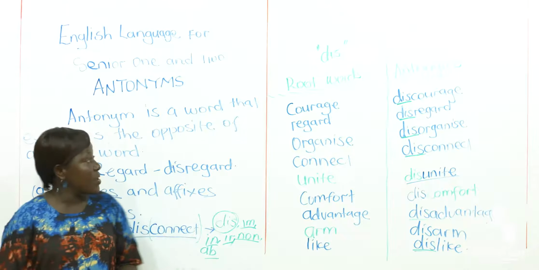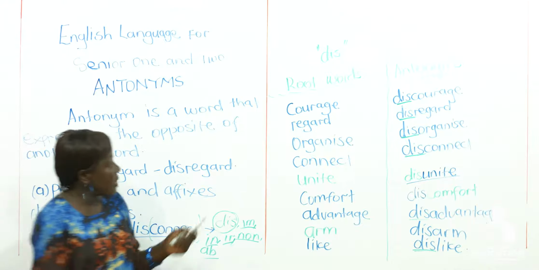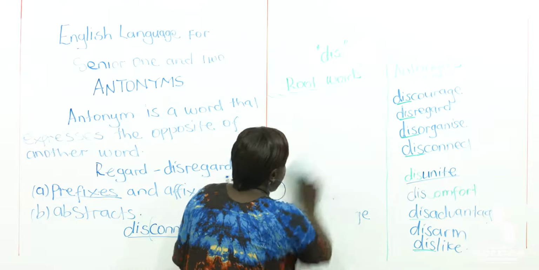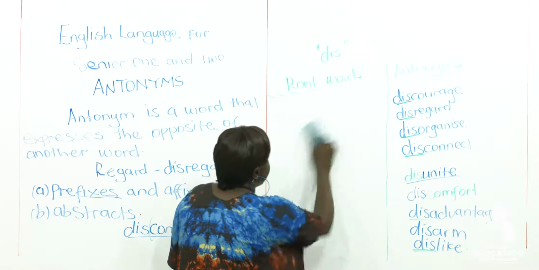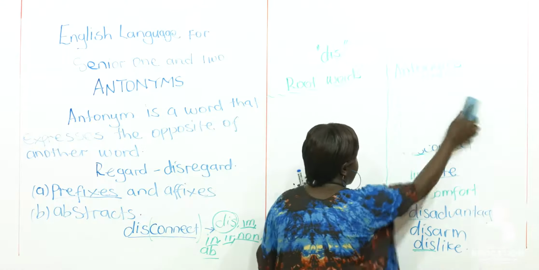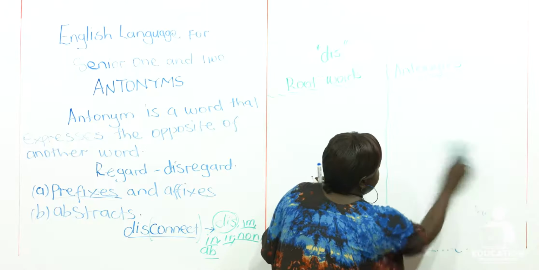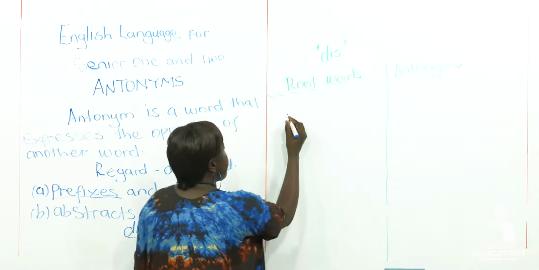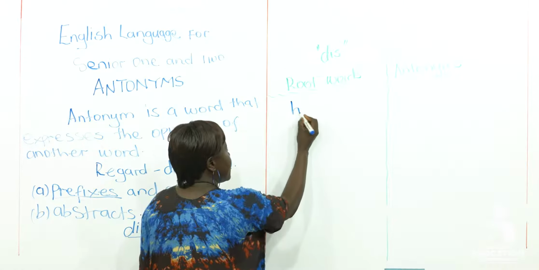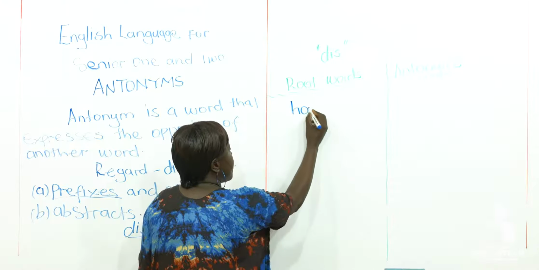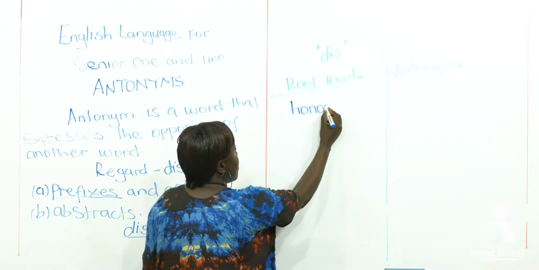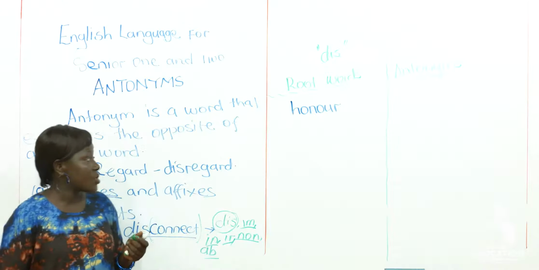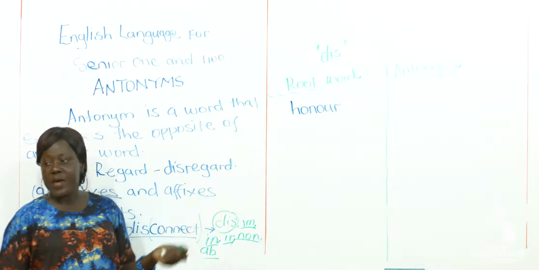There are other examples like honor. Look at the word honor. Let us look at more examples and we see how they are used in sentences. Honor is written with H-O-N-O-U-R. It is British English, but without U, it is American in nature.